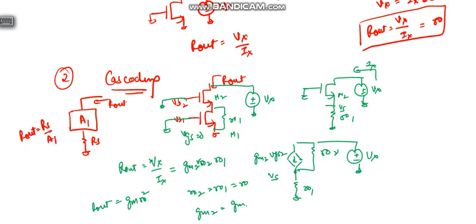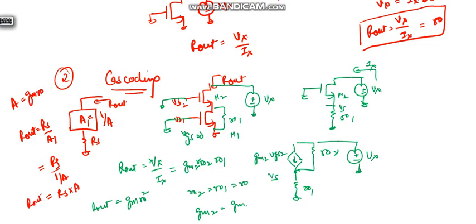But when we see from Rout, this is kind of an attenuator, so this gain actually equals 1 by A. So this will be RS by 1 by A, and the output resistance is RS into A, where A equals gm RO.